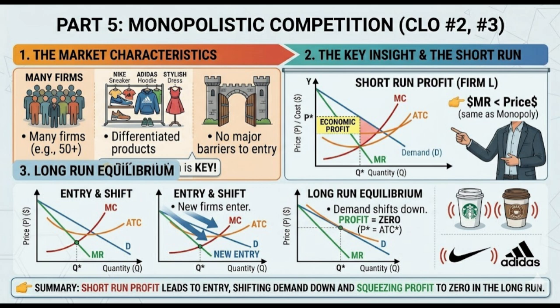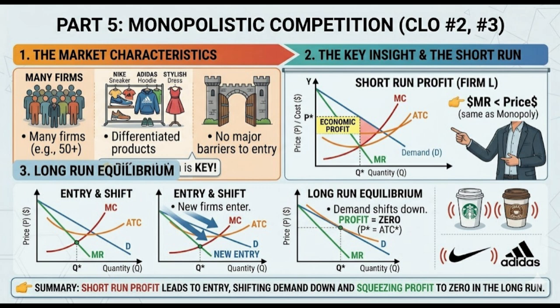So what does it mean? MR is less than price. So marginal revenue is less than price, just the same as monopoly. Okay. So how about short term? Short run versus long run. In the short run, firms can earn profit.